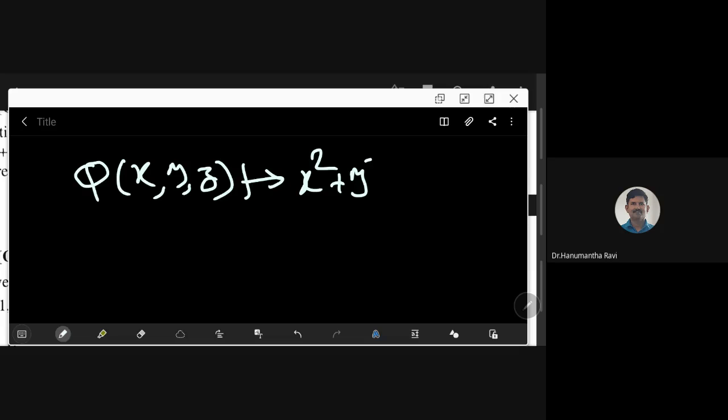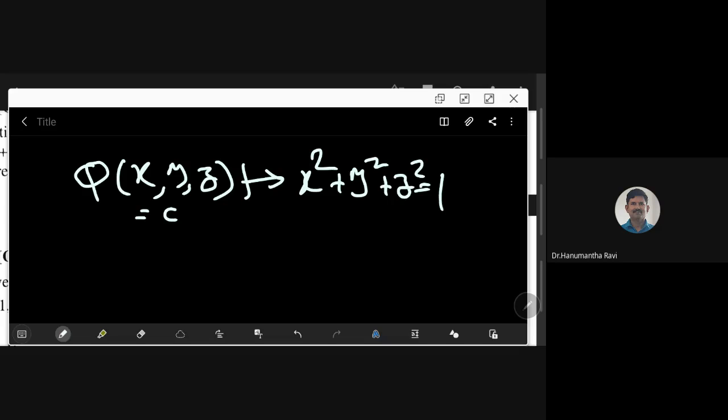Its phi of x, y, z is x square plus y square plus z square, and of course this is equal to c, say, so this is equal to 1 there.